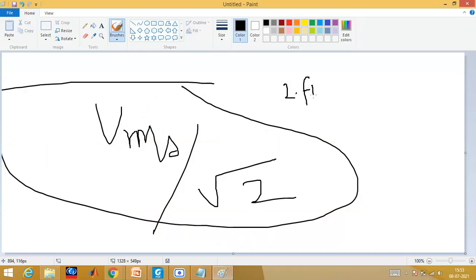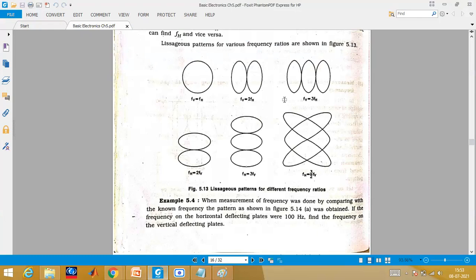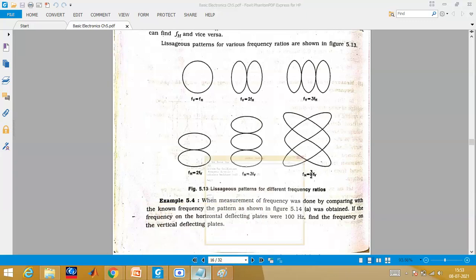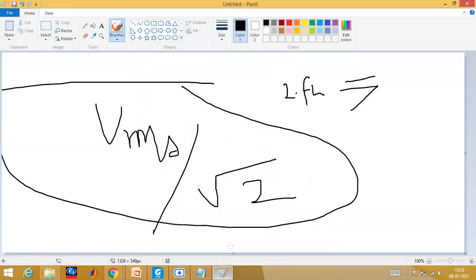So 2FH is equal to how many times it is touching the vertical. Now let us try to draw a line. I'm drawing a line here. So it is touching 3 times. So 3 times FV.